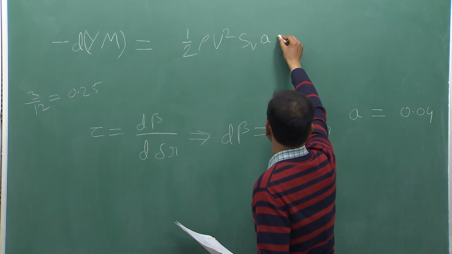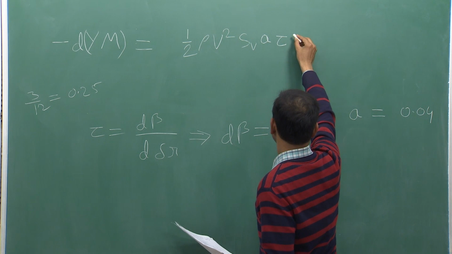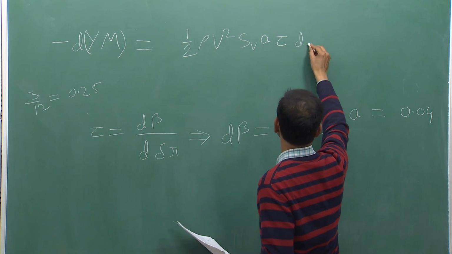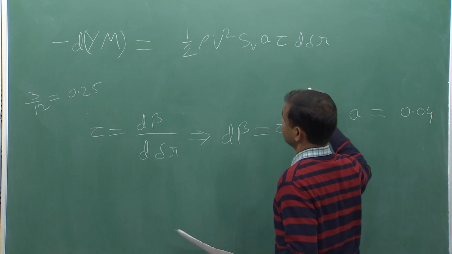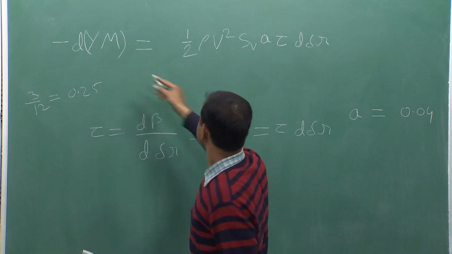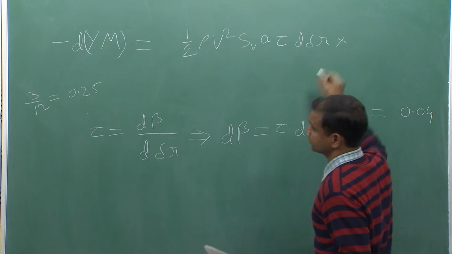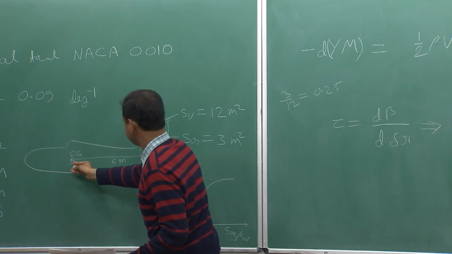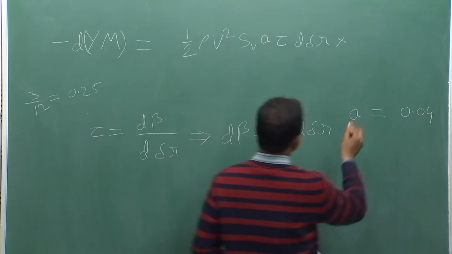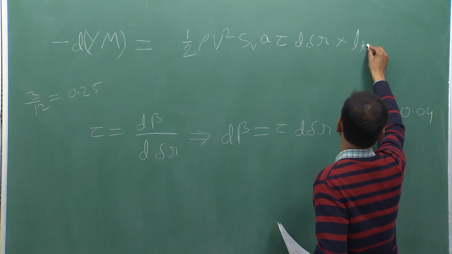So, I can write it the angle as tau d delta r, and because this is the moment, so I need to multiply it with this arm length, and this is, suppose I write it with the LT, and this is 6 meters.